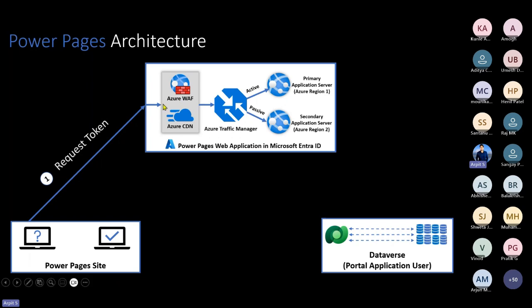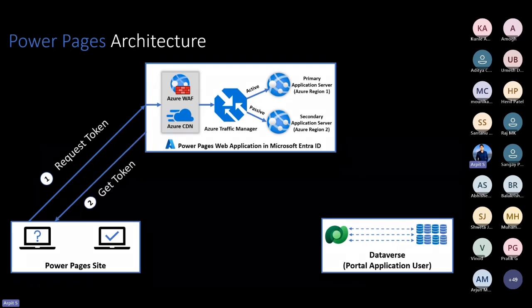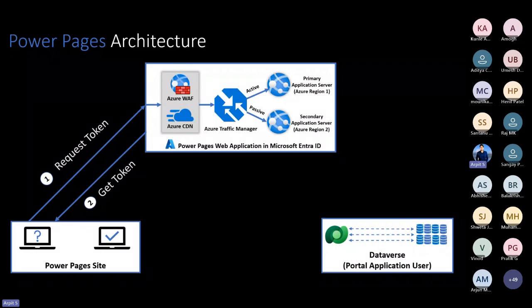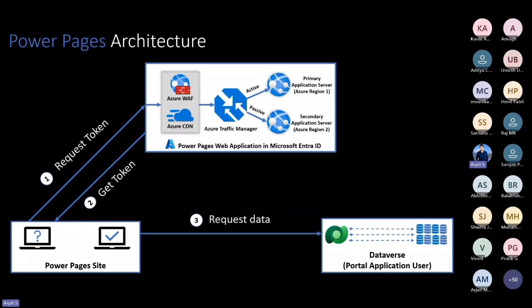Okay, so once you request the token, it basically goes to Azure, Microsoft Entra ID, and you get the token back from that. That token is basically used as an ID card, like the way you use an ID card to enter your office premises. So Power Pages takes that token from Azure and then goes to the Dataverse to get the data and display it on the portal.